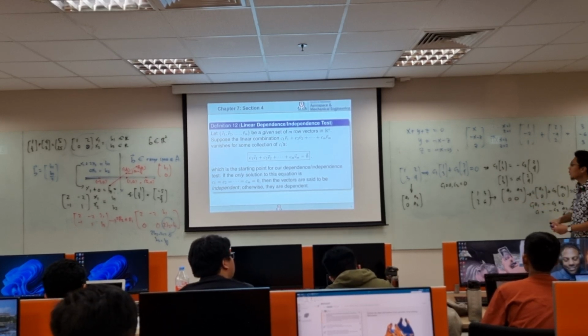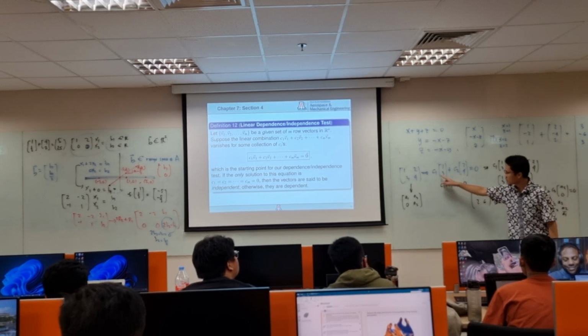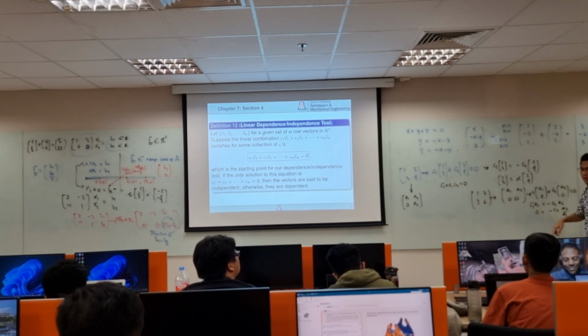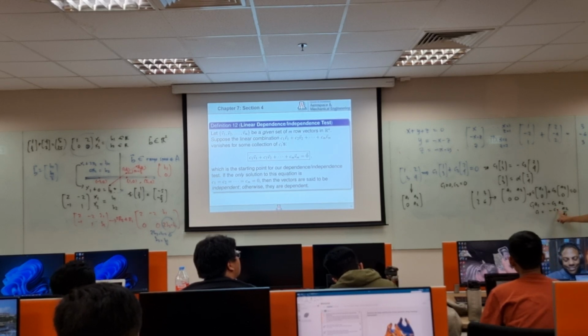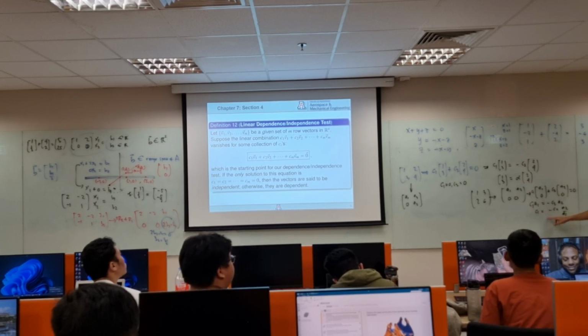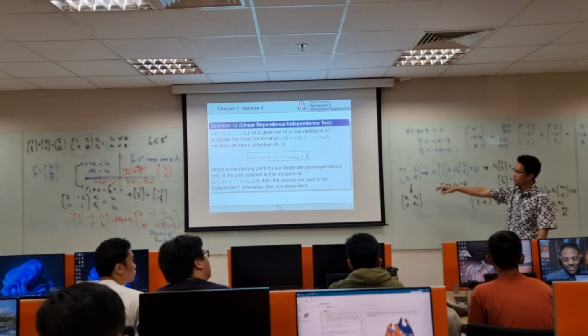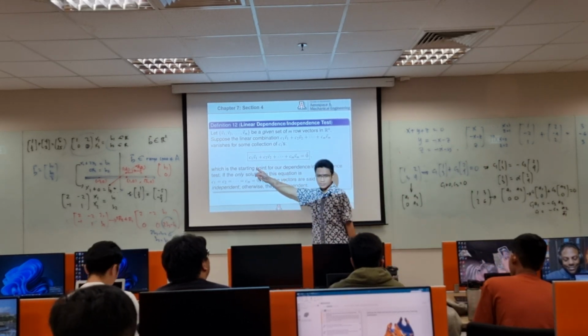So we know already that this is linearly dependent. Then we want to check using this concept: C1 depends on C2, so we can find non-zero C1, C2 so that this equation holds.